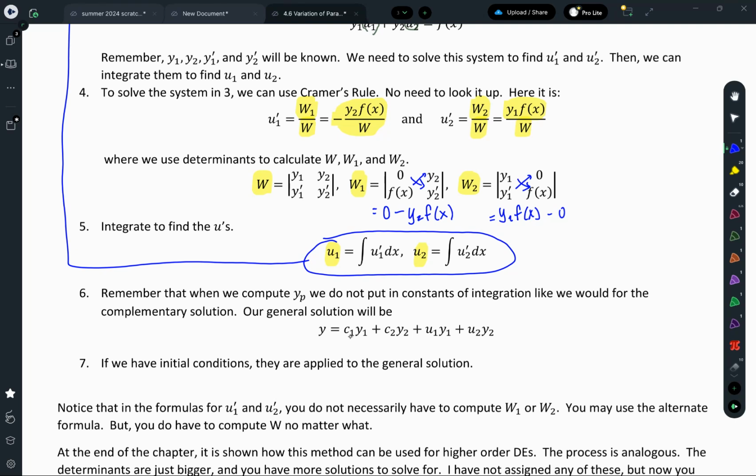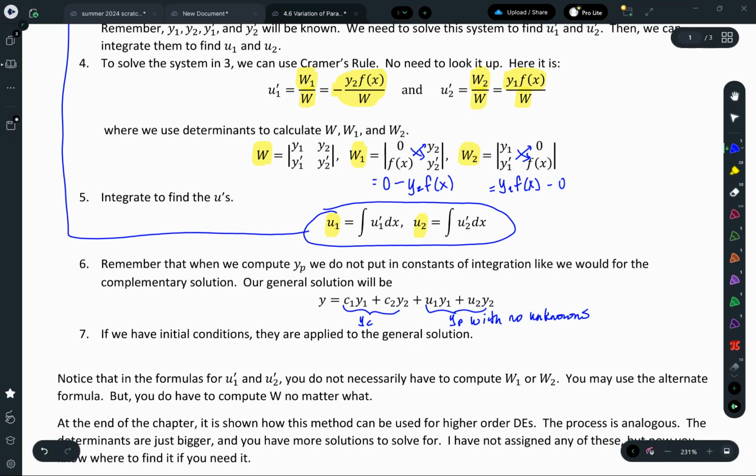The c's are only in the complementary solution, so that's y sub c, the c1 y1 plus c2 y2. u1 y1 plus u2 y2, that's y sub p with no unknowns. If we have initial conditions, we apply them to the general solution, not just the complementary solution by itself, but the full-blown general solution, okay?